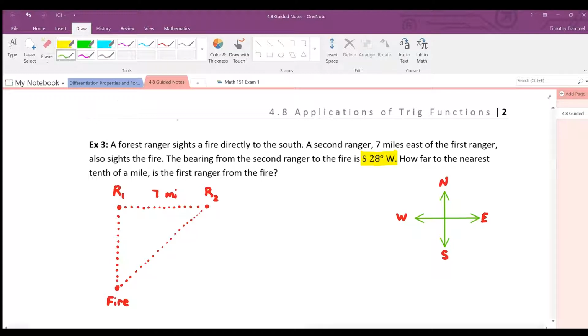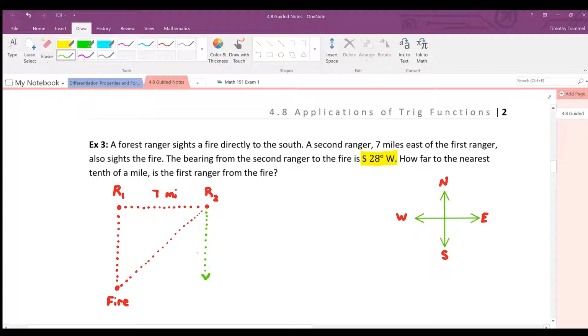So if we're trying to think about the bearing from Ranger 2 to the fire, it's actually helpful to think about our south line here. We don't have to actually sketch this in here, but this is going to ensure that we don't make the common mistake. Okay.